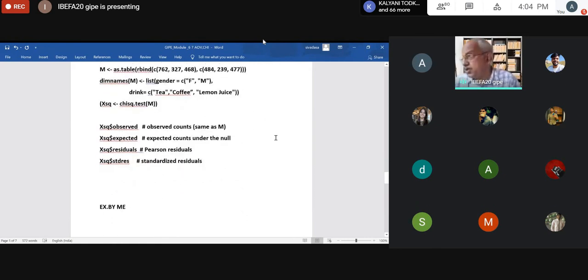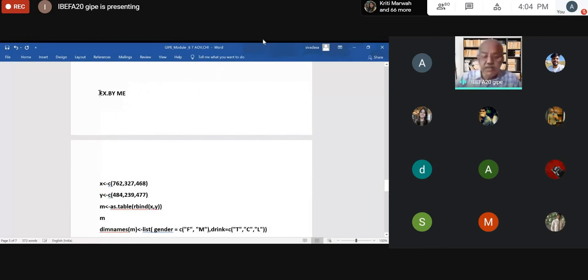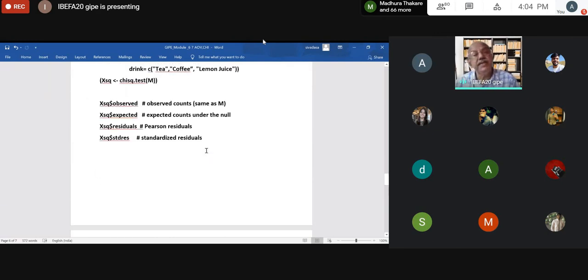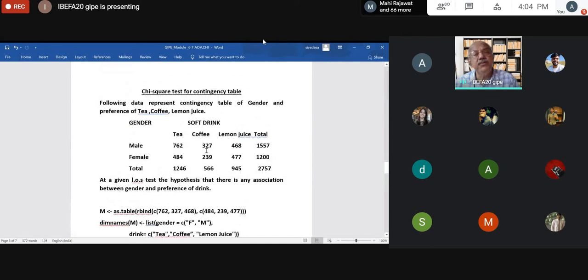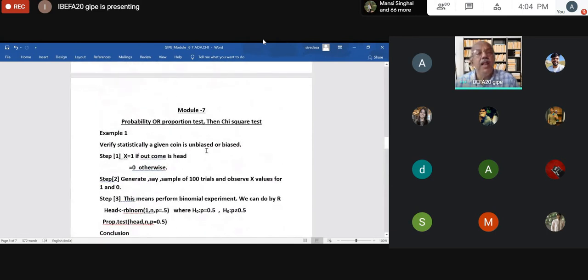If the data is not measurable, then we can go by chi-square test. That is what we have to do in the next class. And in the next class, all these chi-squares are based on the binomial approach.